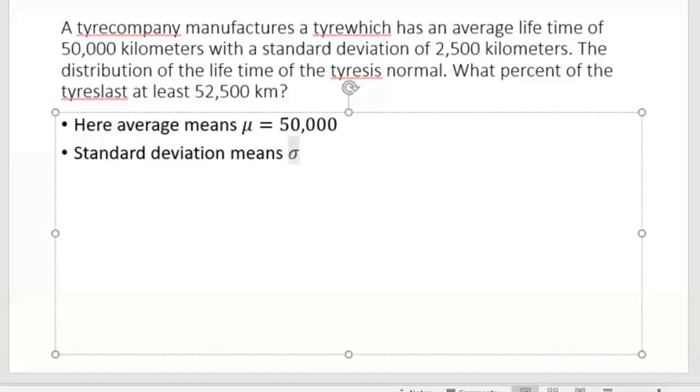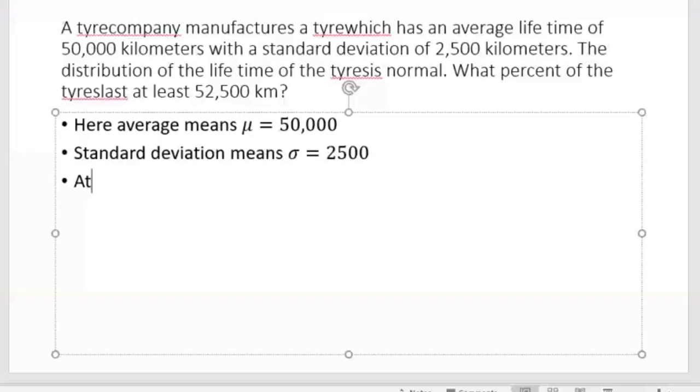So 2500 kilometers means x greater than actually 52,500. So this is the meaning, x greater than this one.